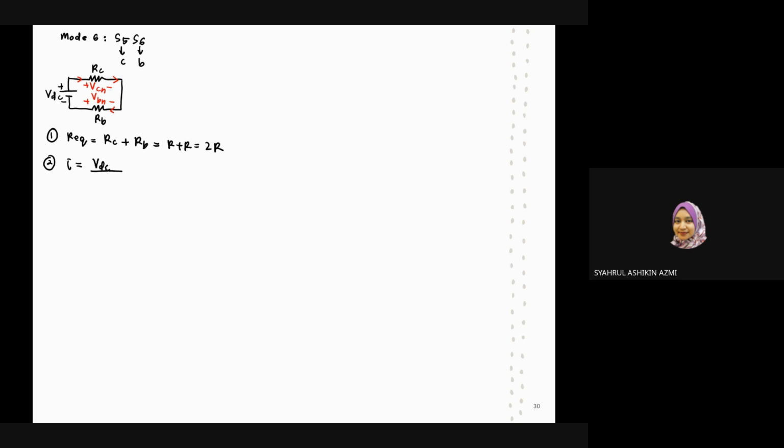So it will be VDC over R equivalent, VDC over 2R. Step number 3, you need to find the phase voltage, VAN. There is no switch turned on for phase A, so it will be equal to 0. VBN is negative I multiplied by RB.